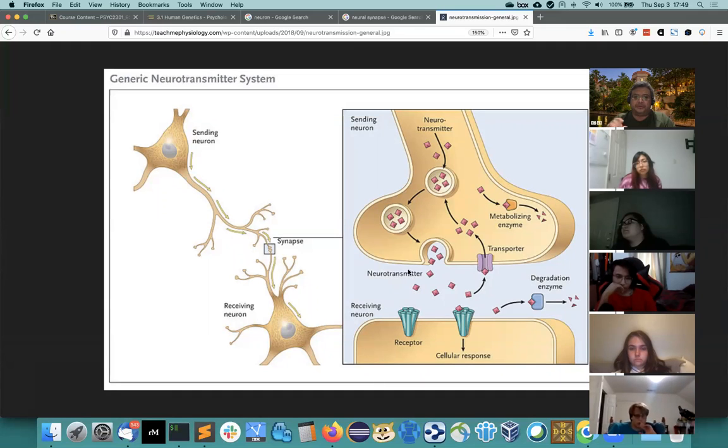Those chemicals travel across this gap, known as the synaptic gap, and then they connect with or bind to these big, gigantic protein molecules sticking out from the surface of the other neuron. These giant protein molecules are called receptors because they receive, right?